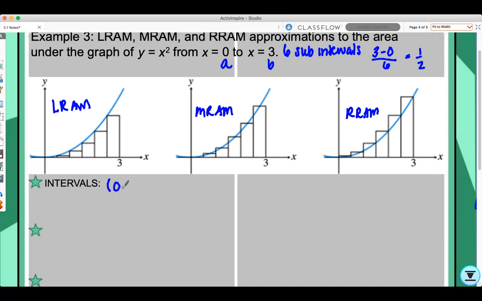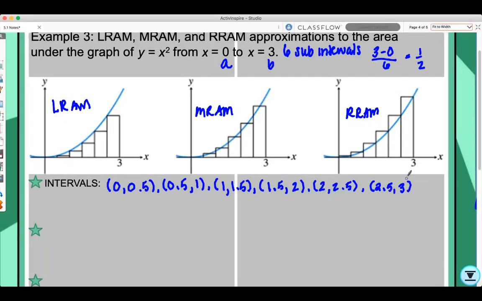Our first interval is from 0 to 0.5. Our second is from 0.5 to 1. Our third is from 1 to 1.5. Our fourth is from 1.5 to 2. Our fifth is from 2 to 2.5. And our final interval is from 2.5 to 3.